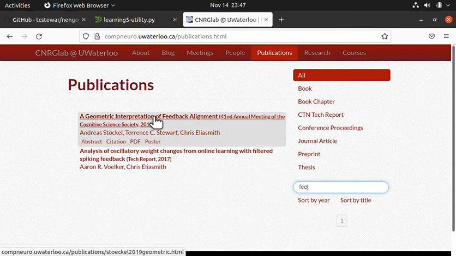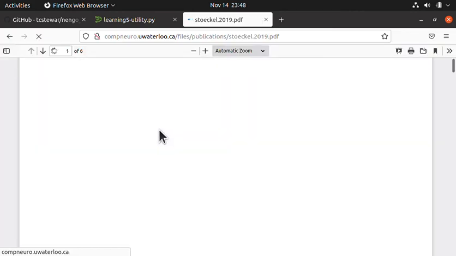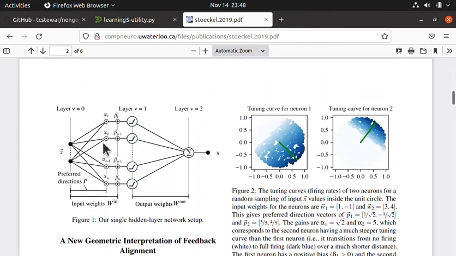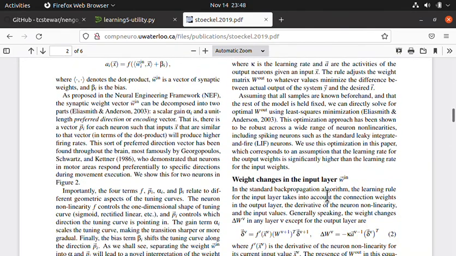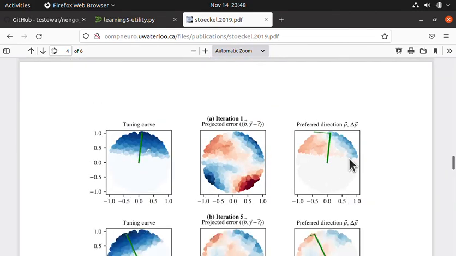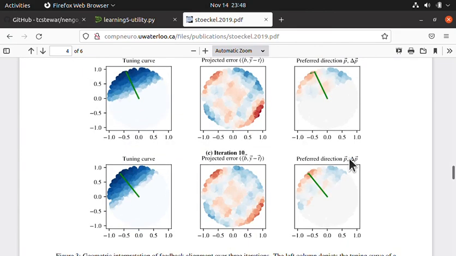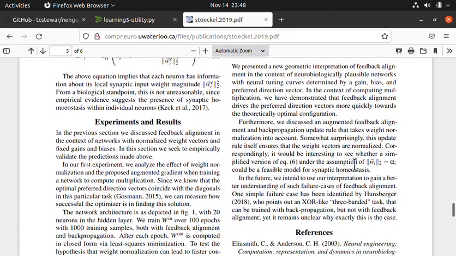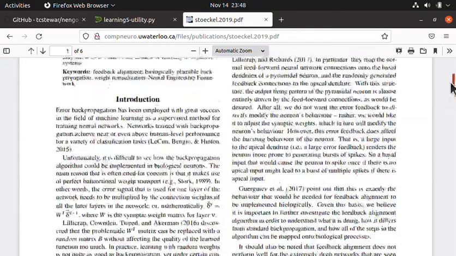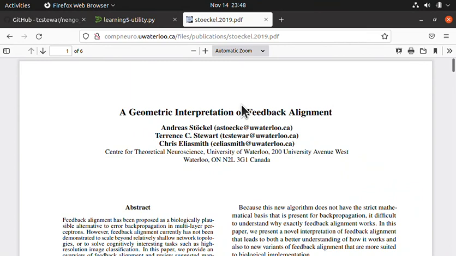So if people are interested in doing something closer to backpropagation and having that adjust the encoders, this paper here, Geometric Interpretation of Feedback Alignment, is talking about if you start doing a biologically plausible version of backprop to adjust the encoders, then you can start talking about, okay, how does that adjust the encoders of a population? And so we can sort of understand that. So if people are wanting to extend things a little bit farther, that would be one place to look.